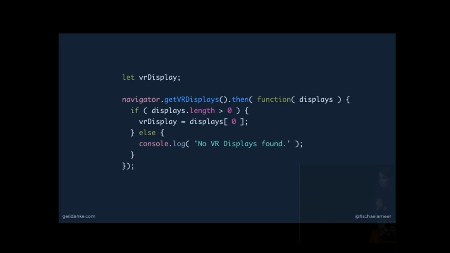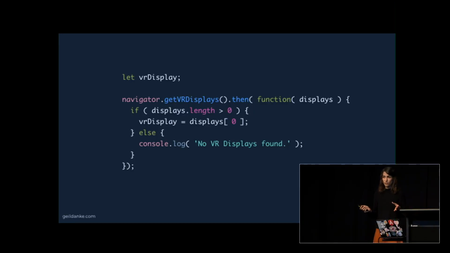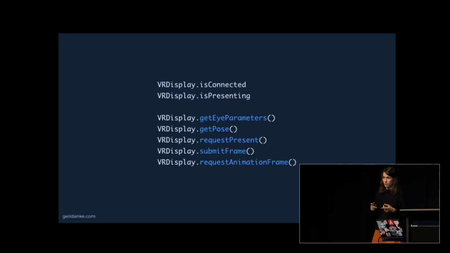It returns a promise that resolves in an array of VR display objects. And one VR display object represents one VR device, which holds information about the VR device. For example, if the device is currently connected, if it is presenting, and it also has methods like getEyeParameters, getPose, requestPresent, submitFrame, and requestAnimationFrame.